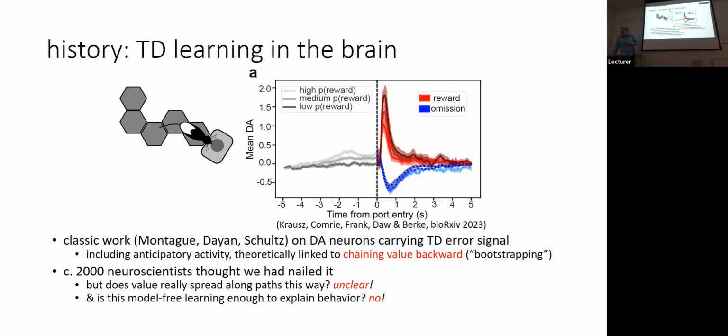And so I think those of you who are old enough to remember, around the turn of the millennium, people just thought this was how the brain solves these problems. Like we solved it, like neuroscience had figured it out. And it just isn't. So first of all, there's really mixed and not great evidence that value spreads along paths this way at all. Even if it does, it's not clear that that's good enough to solve tasks the way animals do.